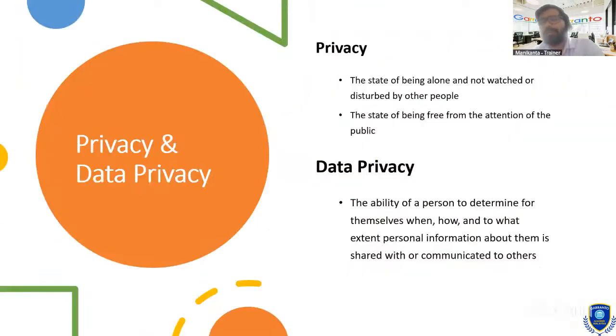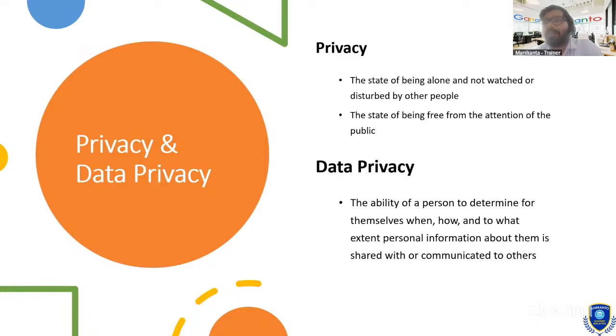Okay. So privacy means the statutory rights everyone has globally. A lot of countries have it. It's individual privacy. Someone should not intervene in another's personal privacy space and disturb them. That is privacy.